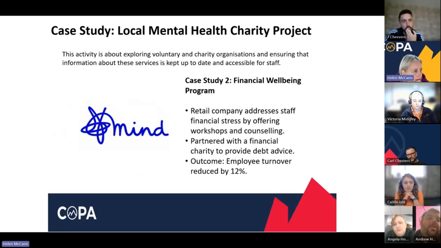So we're going to look at case study 2 now. This one involves a retail company that faces high employee turnover due to financial stress. They've implemented a financial wellbeing program by partnering with a local financial advice charity.